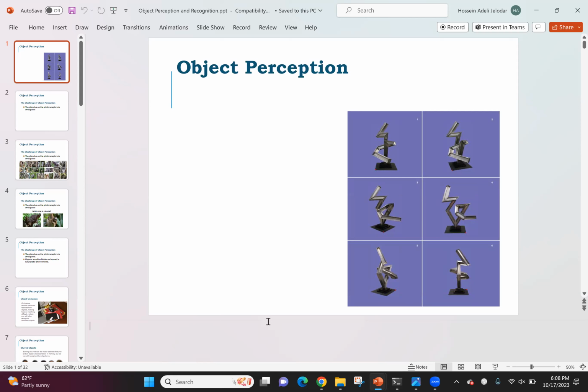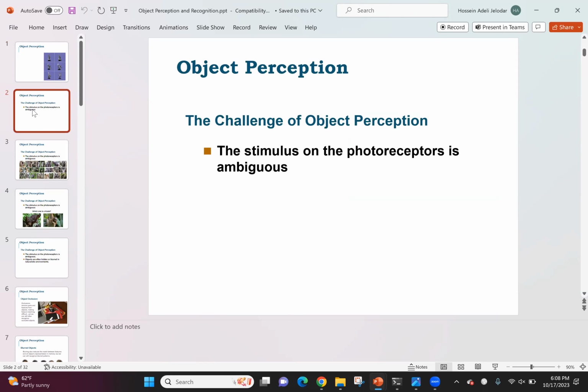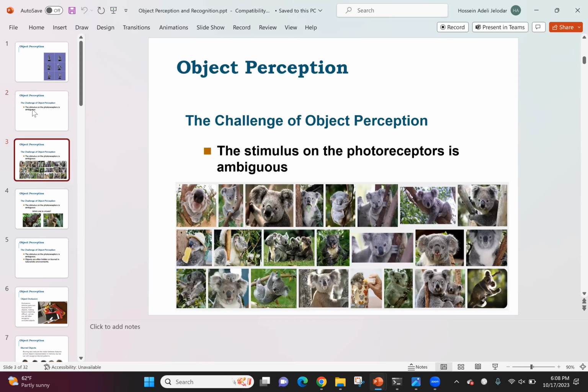But this is a very difficult task in many ways, because the stimulus that we get on our photoreceptors is really ambiguous, right? We talked about very simple photoreceptor patterns, but these are like pixels of an image. You could have images of the same category that are fundamentally different in their pixel values. So here is one example. You're looking at images of one category.